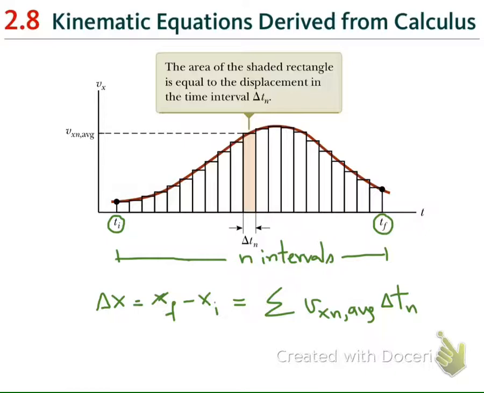This value, v_xn average times delta t_n, is the displacement of the object during the time delta t_n, right?